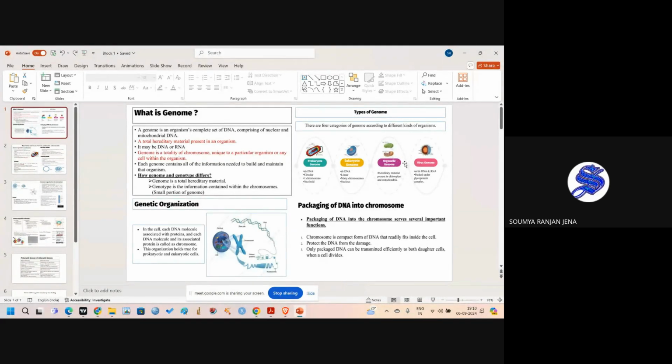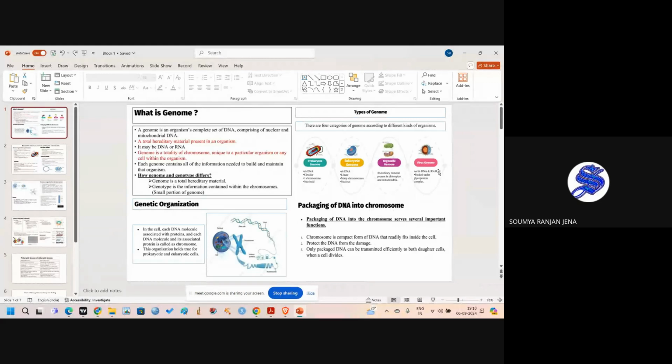Then if we go to the organelle genome, in plants we have found the chloroplast, which contains hereditary material, that is called the chloroplast genome. And mitochondria in eukaryotic cells, and also in prokaryotic cells, contain different kinds of genome.